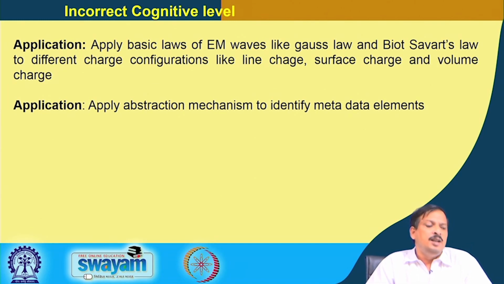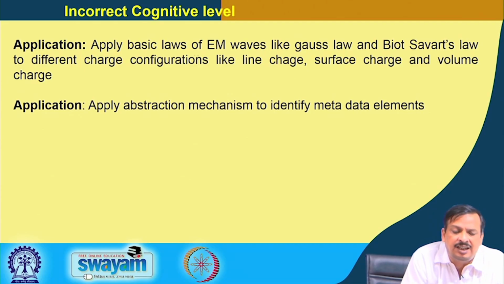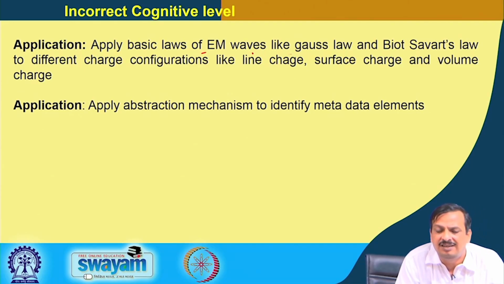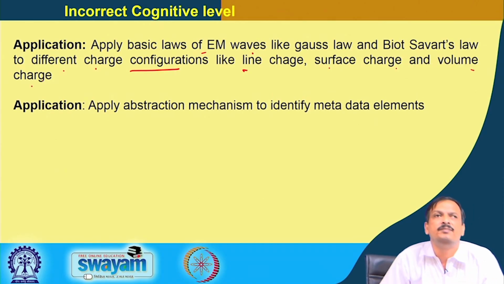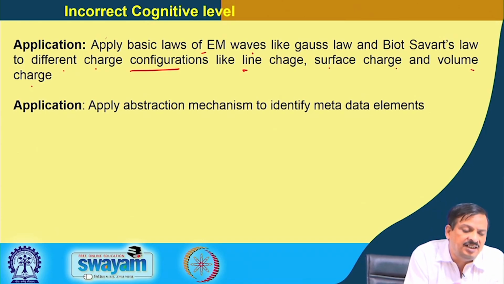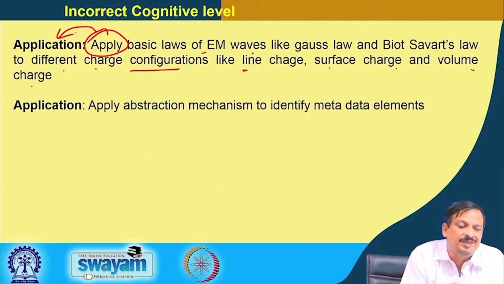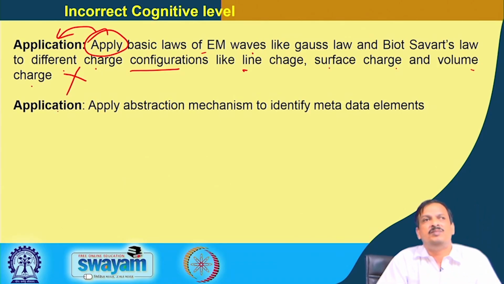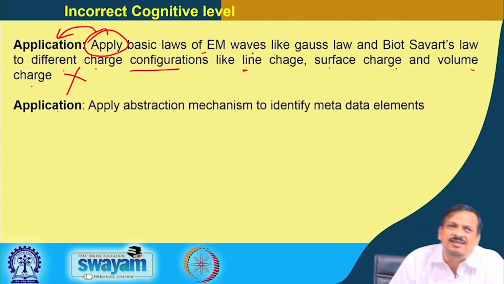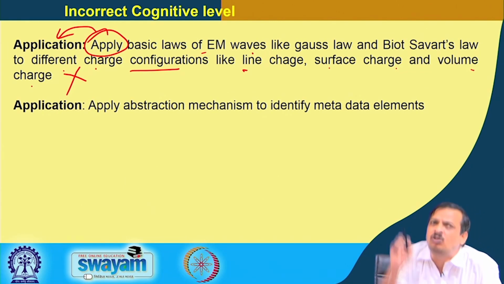If you see, it is written: apply basic law of EM waves to different charge configurations. Since the action verb apply is there, it is taken as application level, but this is wrong. What does application level say? Apply the concept in a new situation.